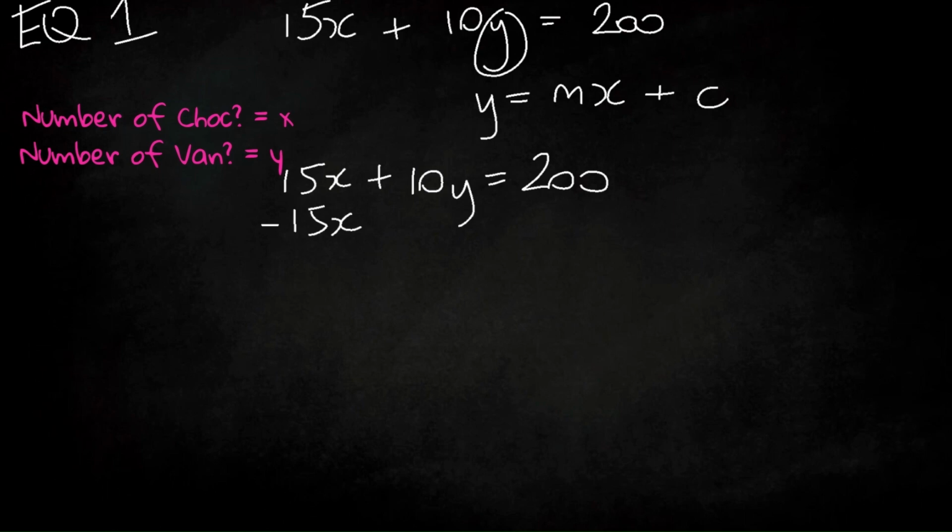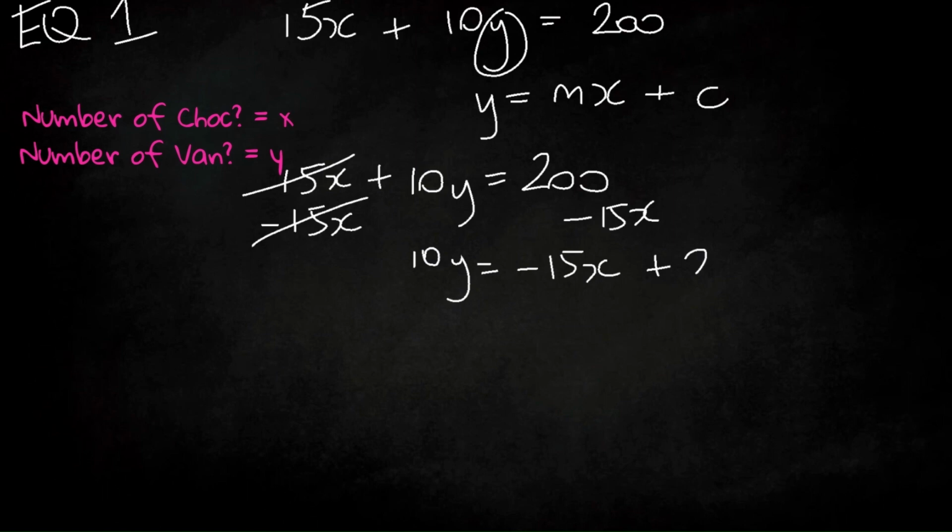Let's start by subtracting 15x from both sides. Then we can divide both sides by 10.